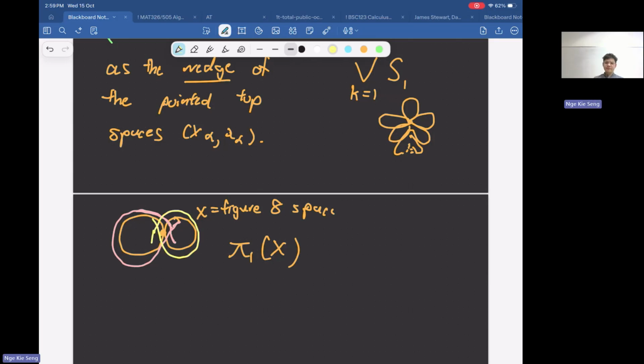Let's call them U and V, such that X equals U union V, an open cover. Do you know what U and V look like? They are homeomorphic to what?